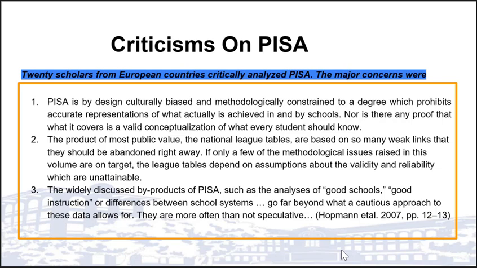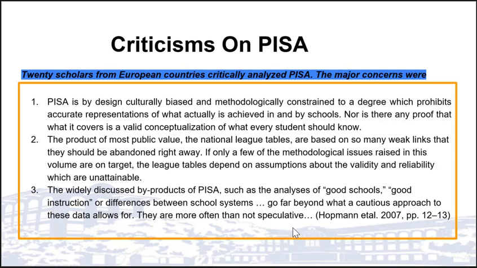The product of most public value, the national league tables, are based on so many weak links that they should be abandoned right away. If only a few of the methodological issues raised in this volume are on target, the league tables depend on assumptions about validity and reliability which are unattainable.